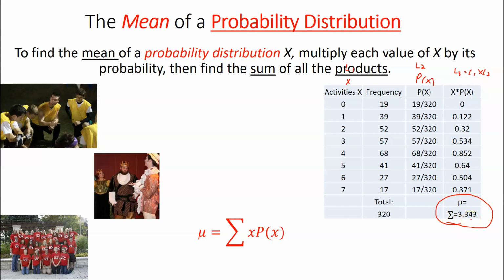Now this might not be a nice discrete number. Notice this is a decimal, 3.343 activities. Nobody's in 0.343 of an activity, but the expected value doesn't always turn out to be discrete. In fact, most of the time it doesn't turn out to be discrete.